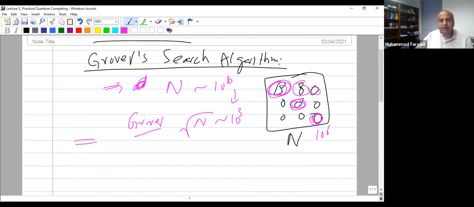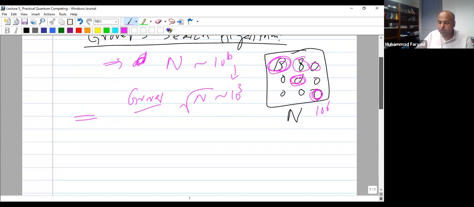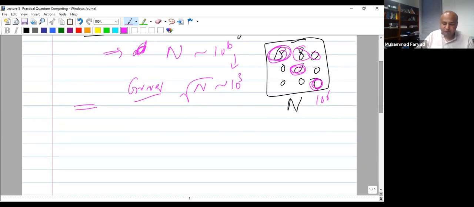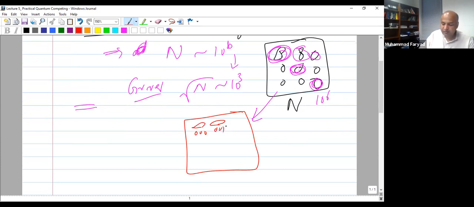And to make our life easy and to make the problem independent of what that search space is, it could be a search space of books, or some websites, or some other data set, etc. To get rid of all of that, we simplify the problem in this sense that, let's say, we assign a number to each item.